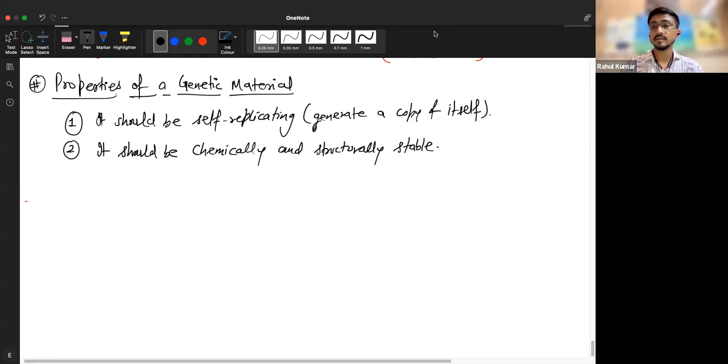But even when they are dying and forming, every cell has a DNA that lives for very long, right? So it should not change in between. It should not be unstable, because if it gets unstable, then the moment the person reaches midlife, the DNA or the genetic material will be unstable and degrade. That should not happen, because we need that genetic material throughout our life. So it should be chemically and structurally stable.